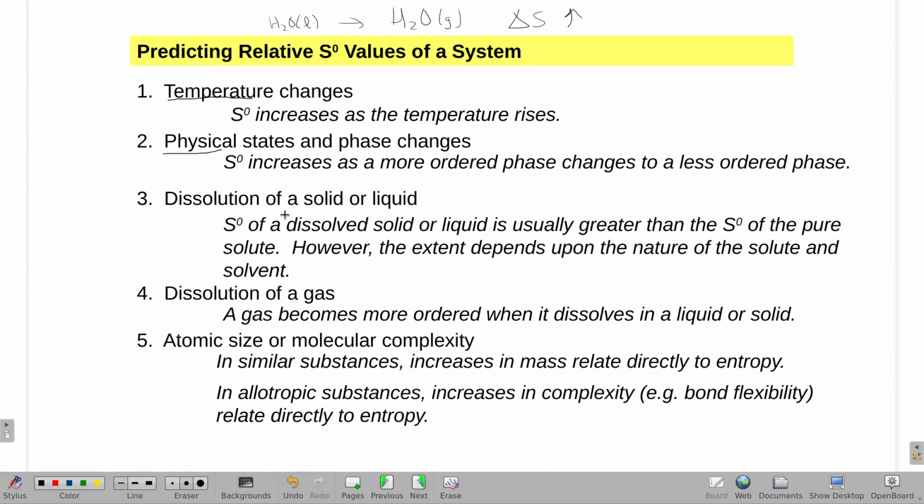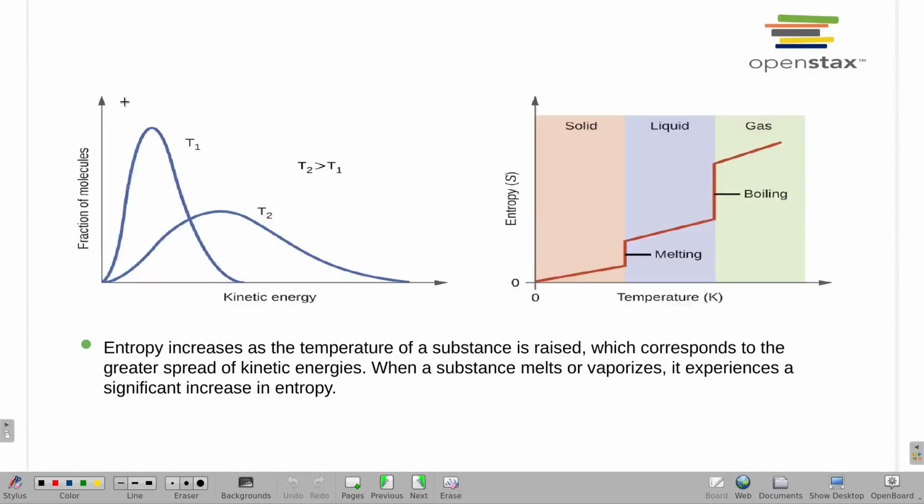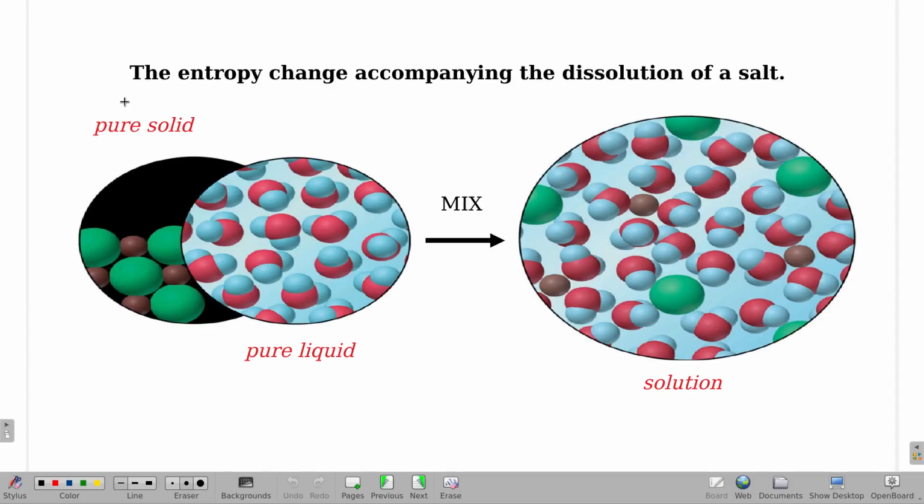All right, the next two are almost the same thing. We're talking about dissolving a solid or liquid into a liquid, and dissolving a gas into a liquid. Let's look at a couple examples. When I mix a solid into a liquid, that should be expected to be an increase of entropy. Let's think about this.